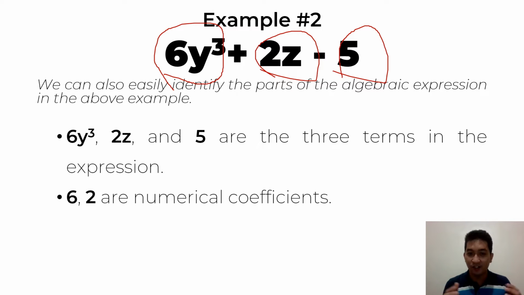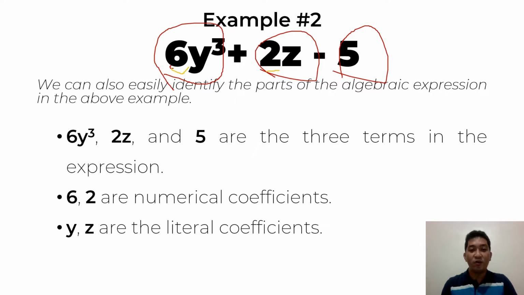So the numerical coefficients here, since we have two terms including variables, we have 6. Again, I'll change the color. We have 6 and 2. These are the numerical coefficients of what terms? The term 6y cubed and the term 2z. Okay? So the numerical coefficients are 6 and 2.